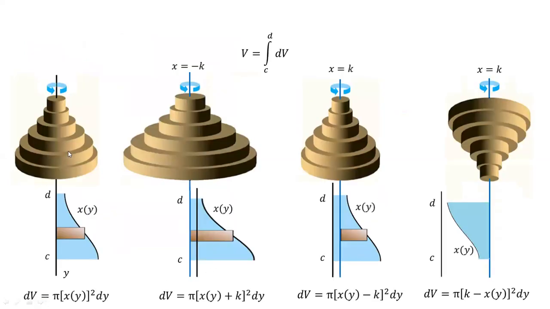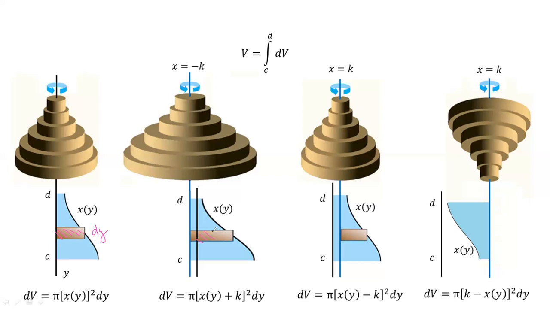Okay, you have this one. You're still using this method, but your differential element now is horizontal based on these curves. So your curves now are x as a function of y. Why is it x as a function of y? Because your differential element chosen is horizontal. So these are all dy.